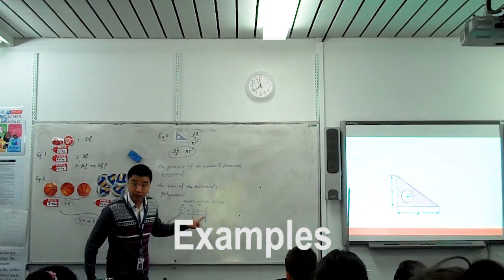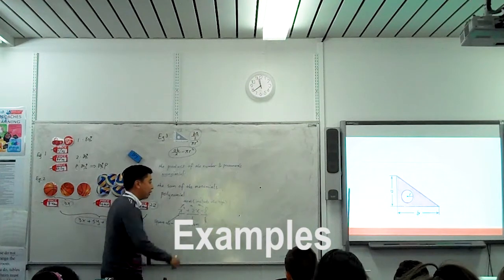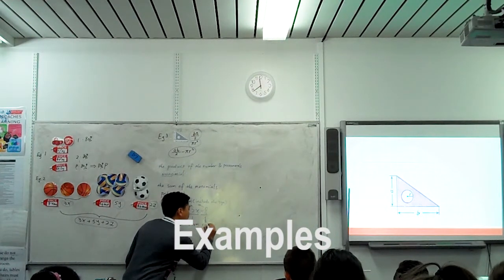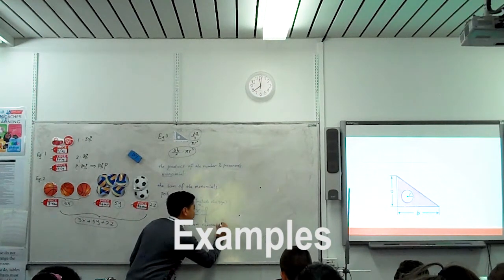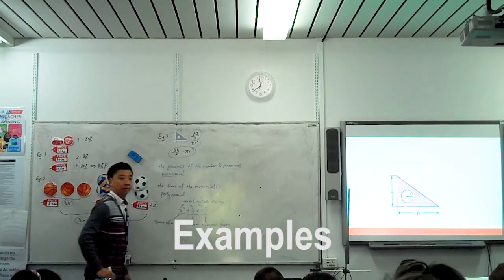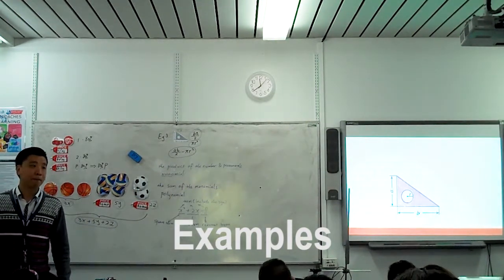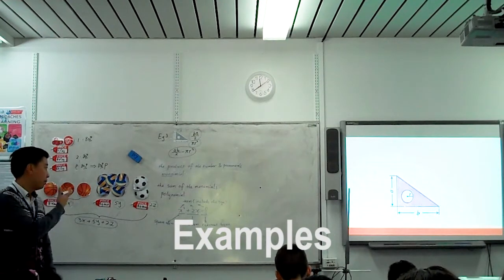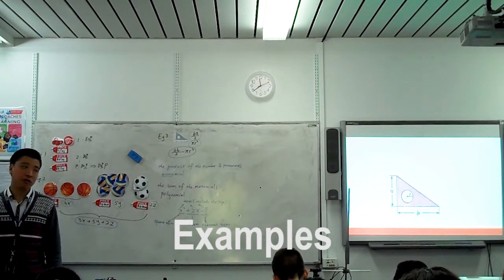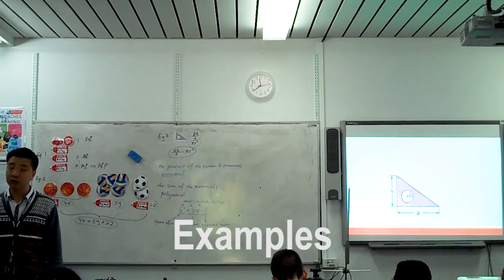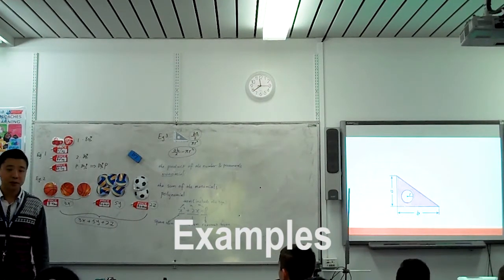That will not change. So negative 8 is called the constant term. We call that the constant term or number term. If you cannot remember constant term, just remember the number term, because we will only have a number here.